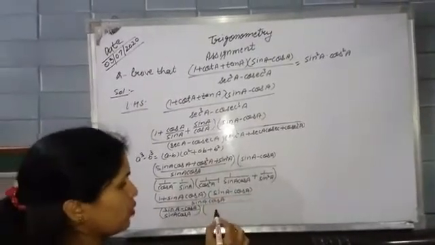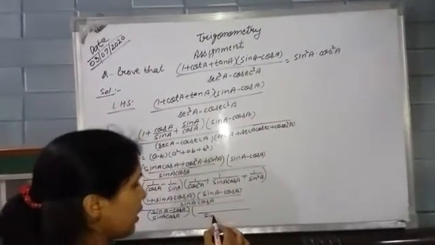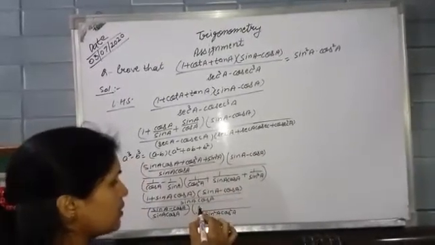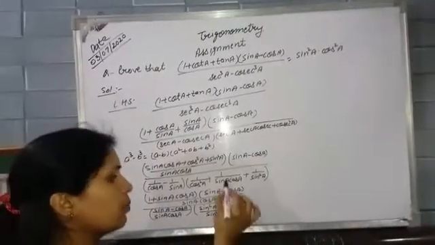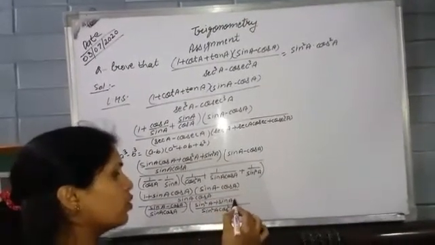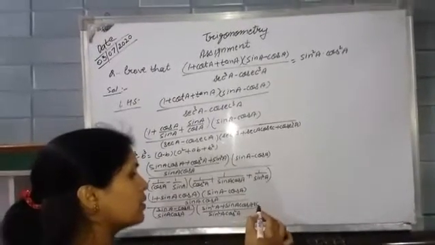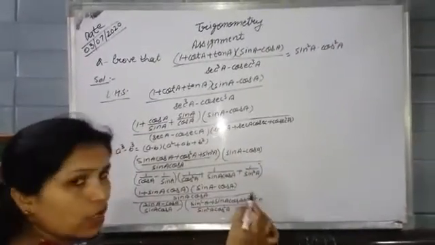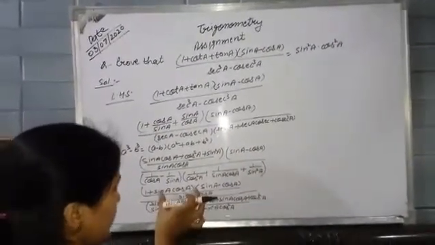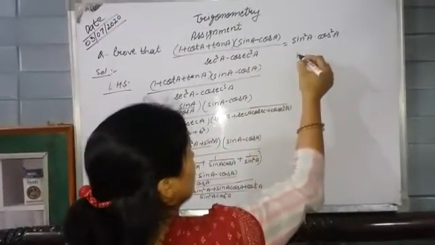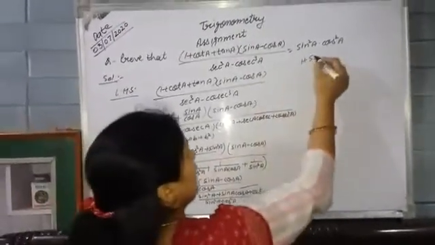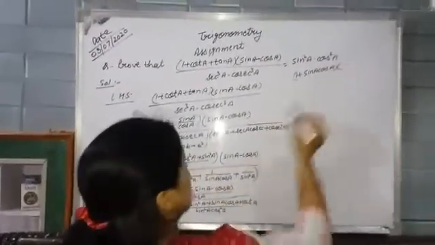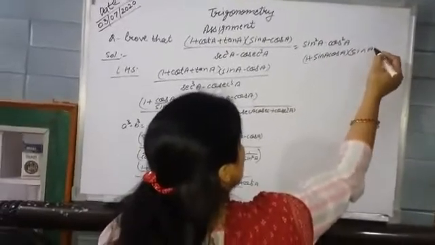Sin square A into cos square A. So sin square A into cos square A, and this term is sin square A plus sin A into cos A plus cos square A. Now again sin square A plus cos square A value is equal to 1. So we can write this term as 1 plus sin A into cos A, into sin A minus cos A.